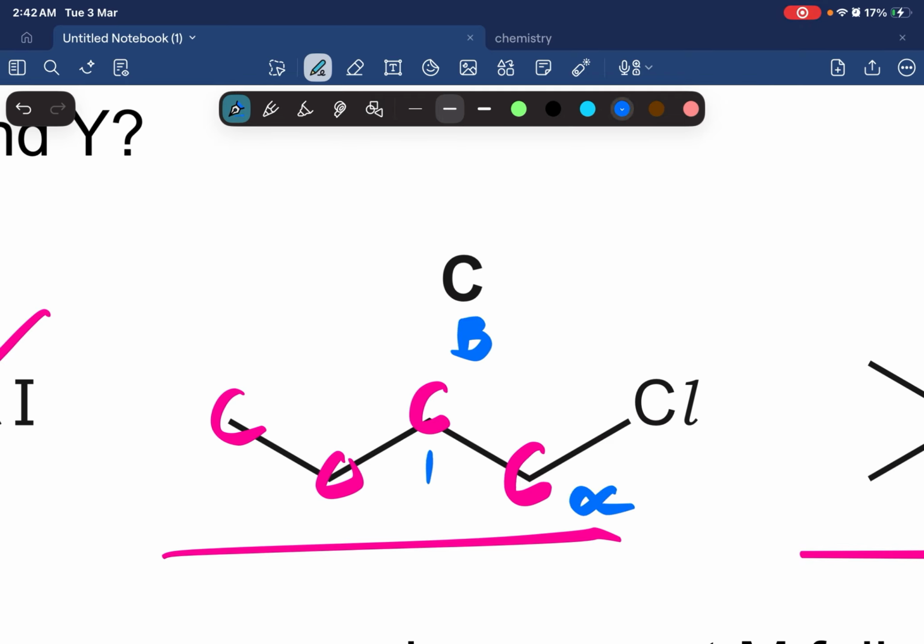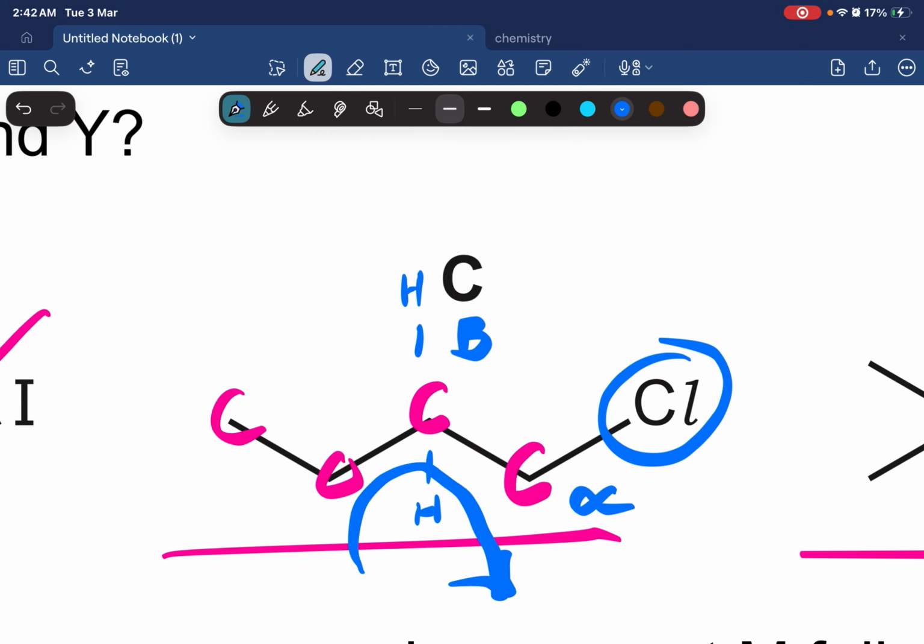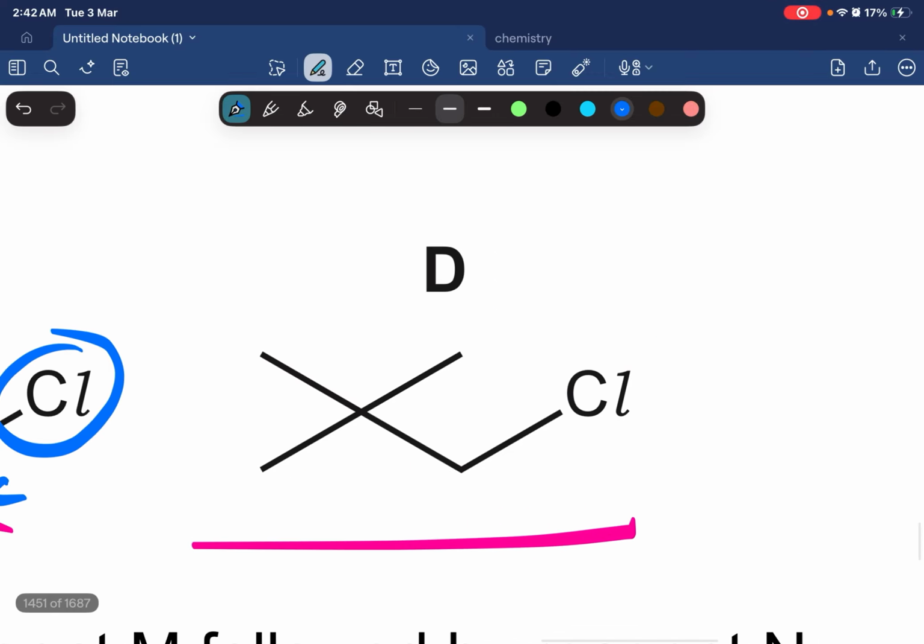My beta carbon has 2 hydrogens. So if I take out chlorine from my alpha carbon and this hydrogen from my beta carbon, what's going to be left behind? There's going to be a double bond over here. So done. Why not this? Because look, this is alpha carbon and this is beta carbon.